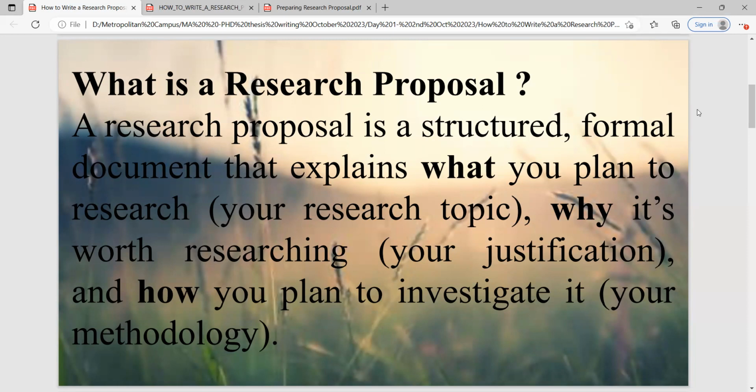So in a standard way, according to a proper definition, what is a research proposal?